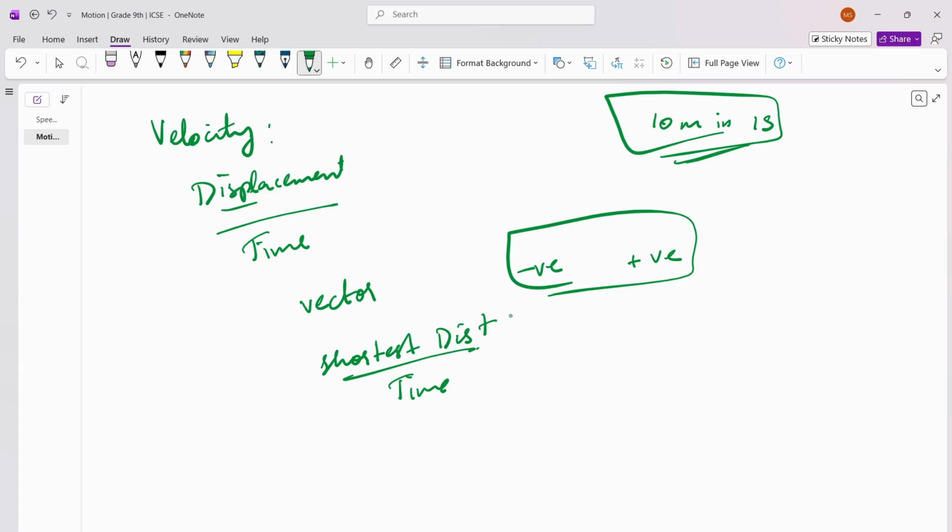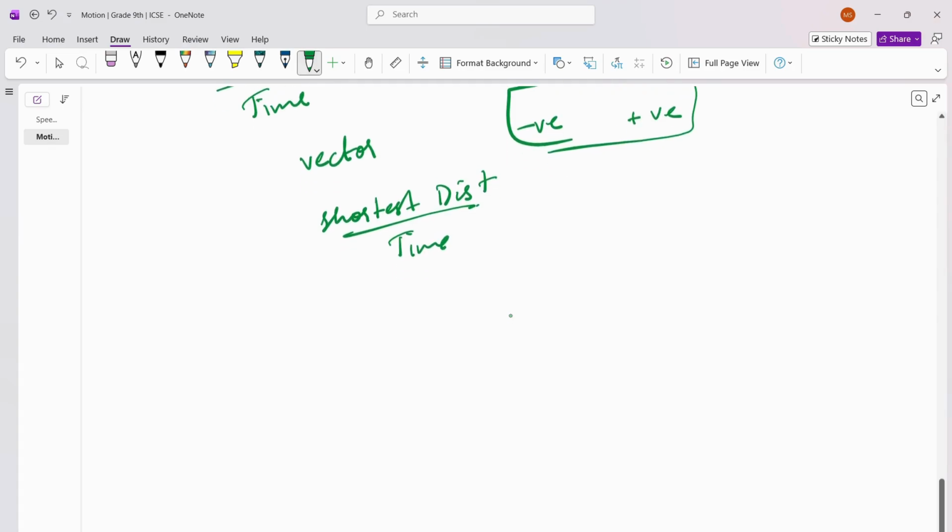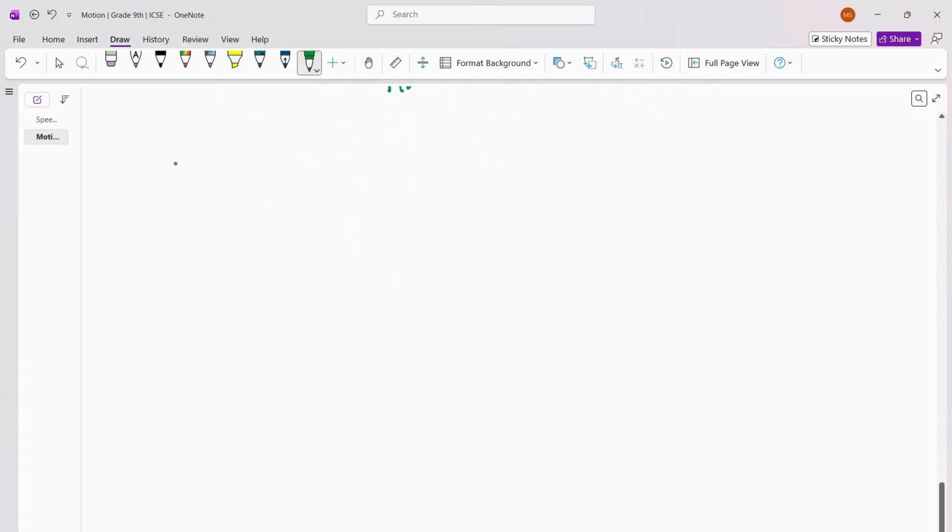Now we have covered speed and velocity. Okay, now let's cover acceleration. Take a pause and try to think what acceleration is. You would have heard this particular word in many places, especially when it comes to cars and automobiles, right? So what is acceleration?